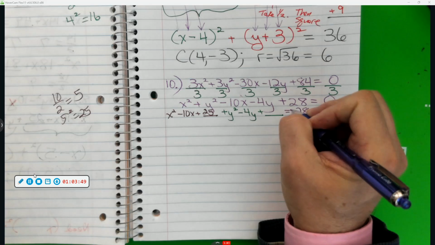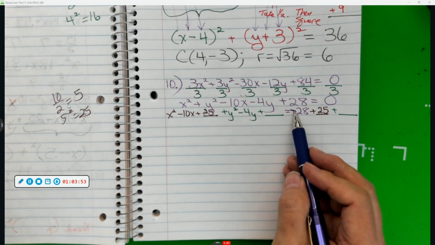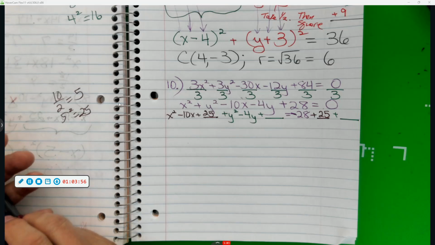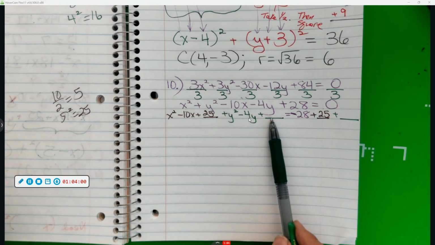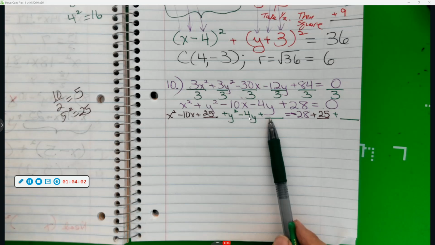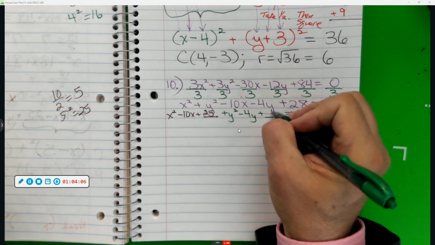That's a negative 28, by the way. I moved that 28 over. That's a negative sign there, not a smudge. What's going to go in the green blank? 4. 4 divided by 2 is 2. 2 squared is 4. I agree.